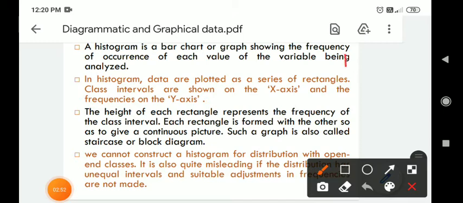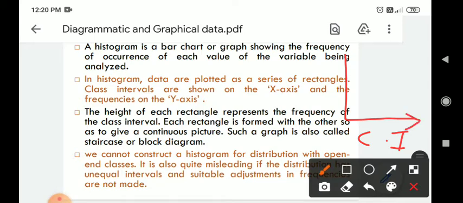Class intervals are plotted on the horizontal x-axis, and frequencies are plotted on the y-axis, that is the vertical axis. This is how we will be showing this.